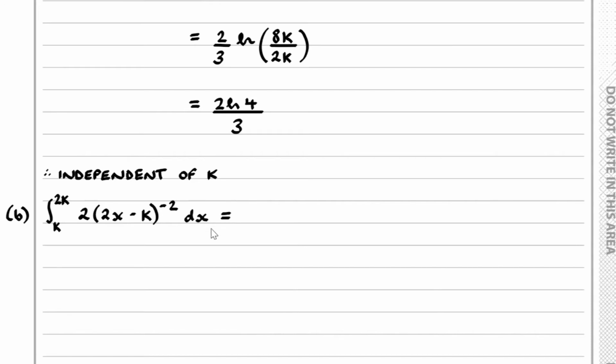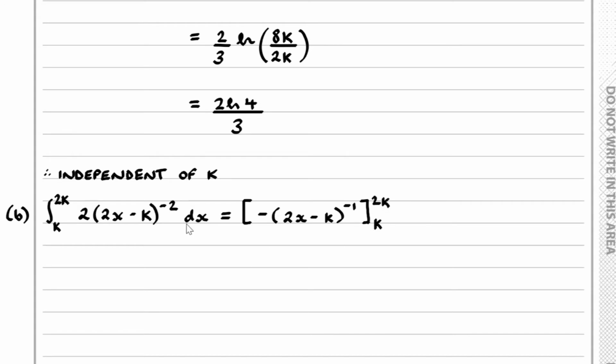And if I use the reverse chain rule, add 1 to the power, divide by the new power, and then divide by the derivative of the bracket, it turns out here we would get minus (2x minus k) to the power of minus 1. And we are evaluating this between k and 2k.